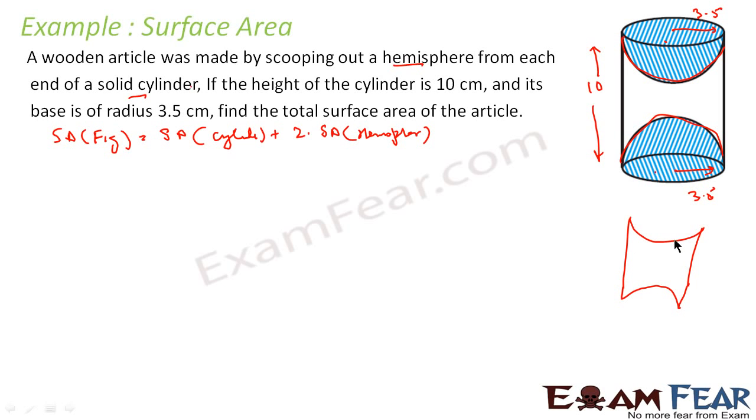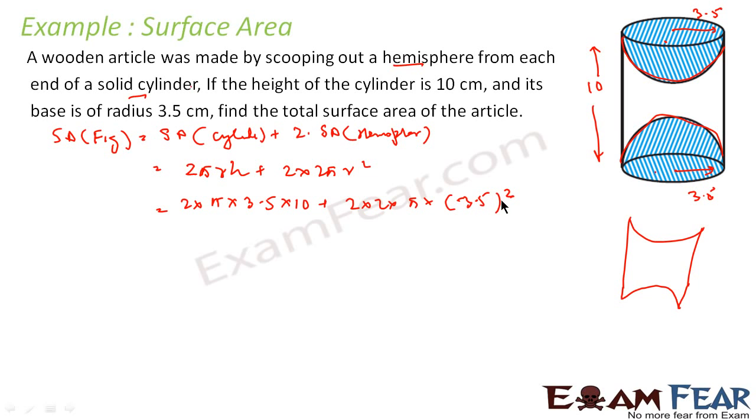So if you want, I can solve also, you can also solve. So this becomes 2 pi RH plus 2 into 2 pi R square. Correct? So if you put all the values here, 2 into pi into R is 3.5, H is 10 plus 2 into 2 into pi into 3.5 square.